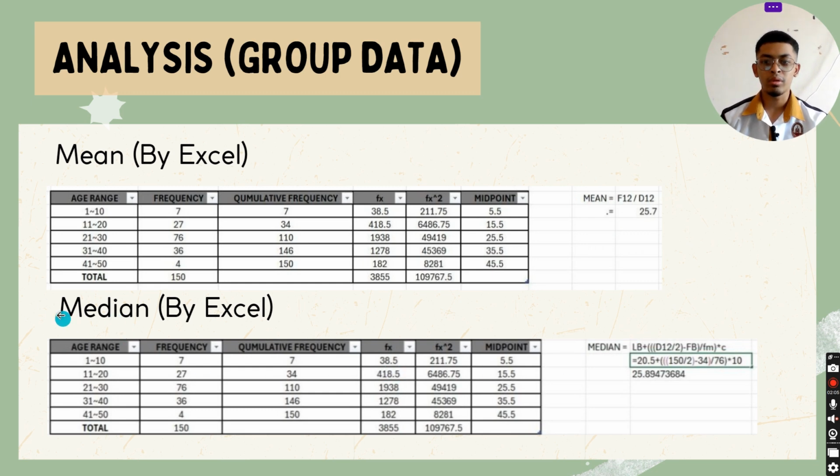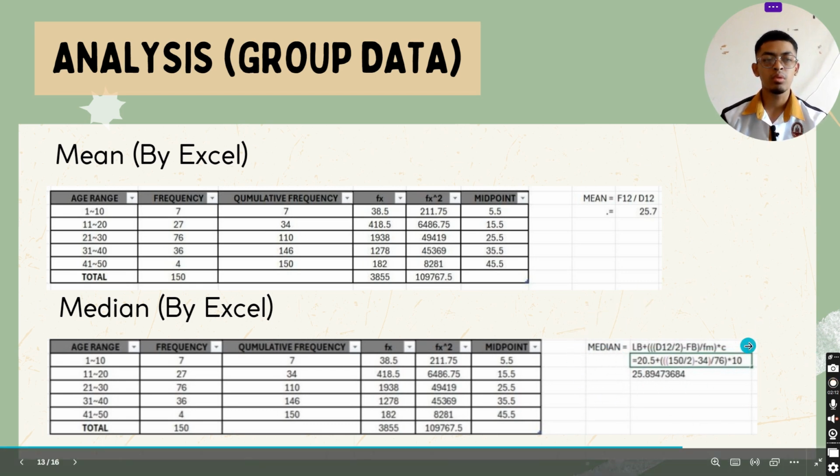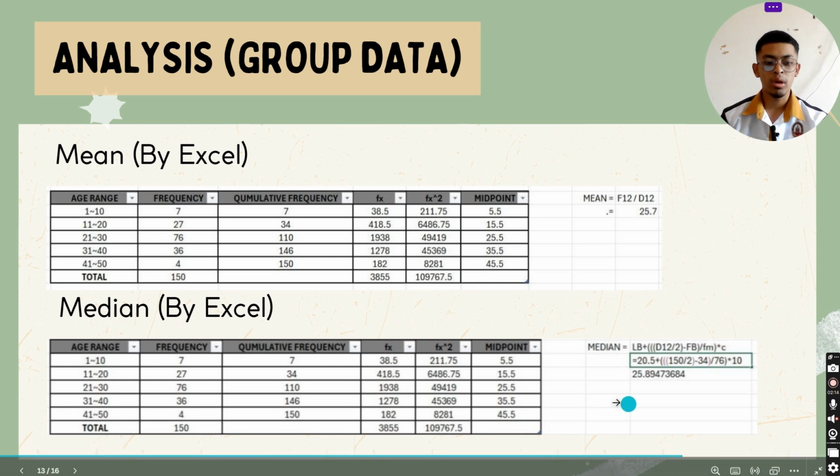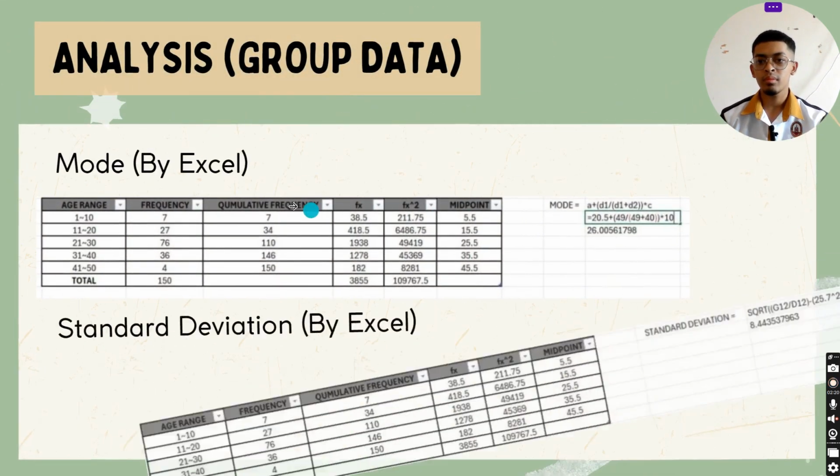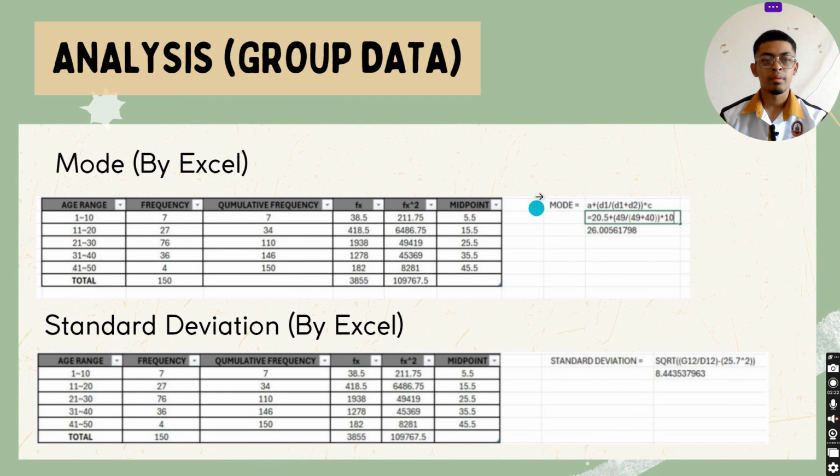Then we look at the median. We need to substitute the values into the actual formula, and we get the answer 25.895. And then we look at the mode. Same, type the actual formula, substitute the values, and we get the answer approximately 26.